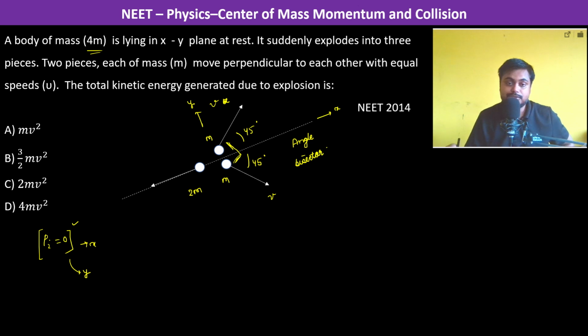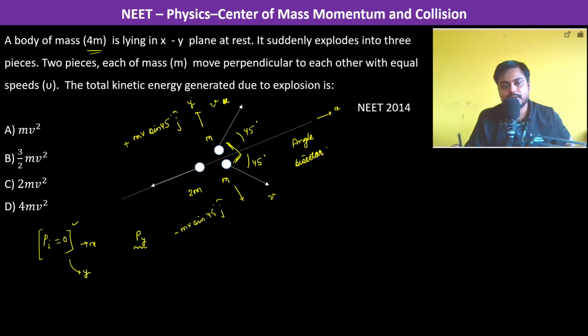So in the y direction, this m is going to have mv sin 45 degrees in the positive j direction. This is going to have minus mv sin 45 degrees in the j direction.